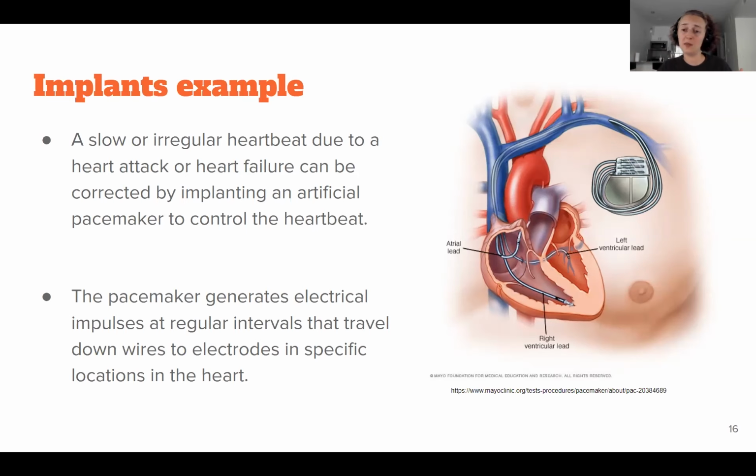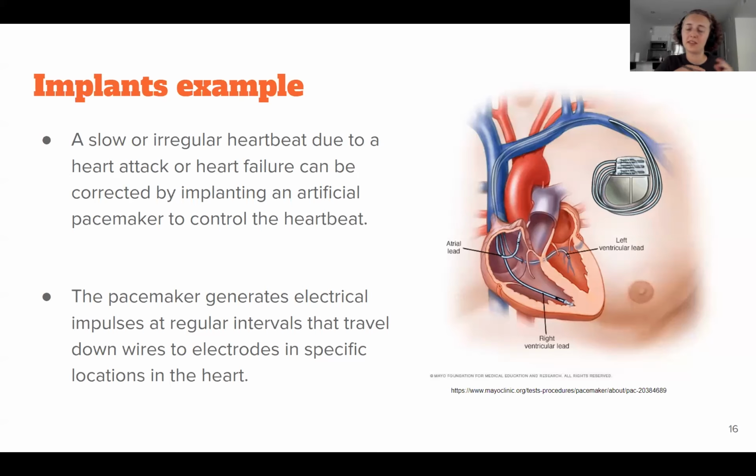And this artificial pacemaker is implanted just under the skin near the collarbone. And these electrodes are fed back through the blood vessels into the heart until they reach the correct location. And then the body of the pacemaker generates electrical impulses at regular intervals. Those impulses travel down the leads back into the electrodes in the heart, and that induces the heart to contract at the regular rate we'd like to see.